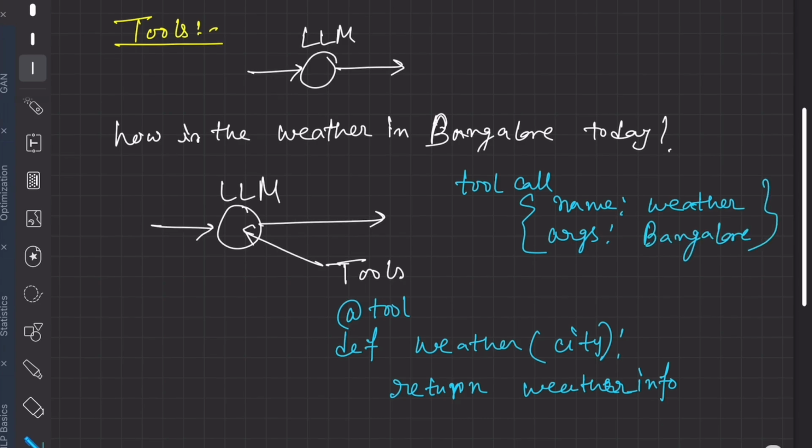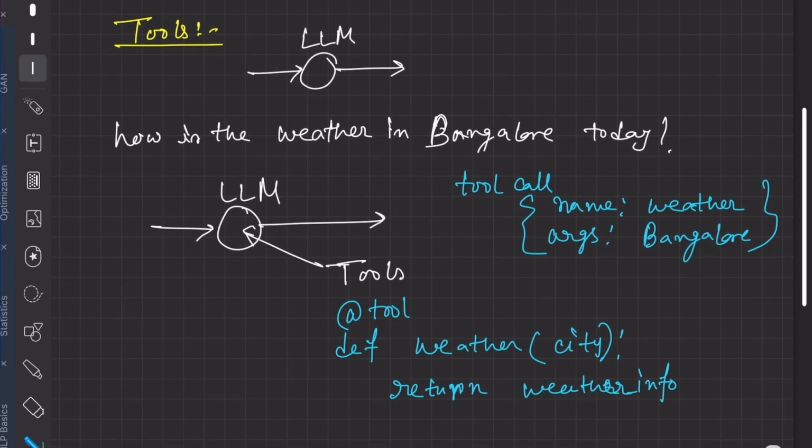The LLM has already found this from the question. It understood that we need the weather for Bangalore, so it decides this is the tool called weather and its argument should be Bangalore.